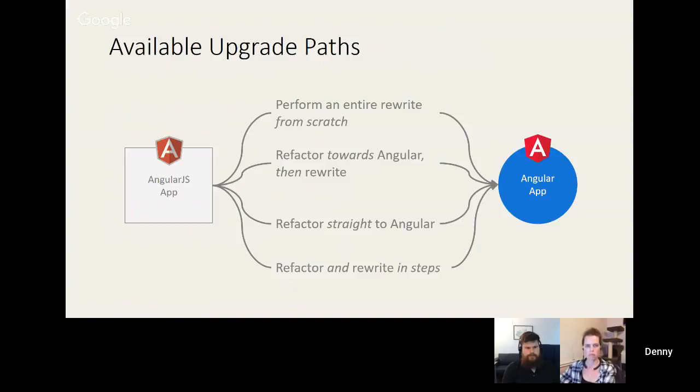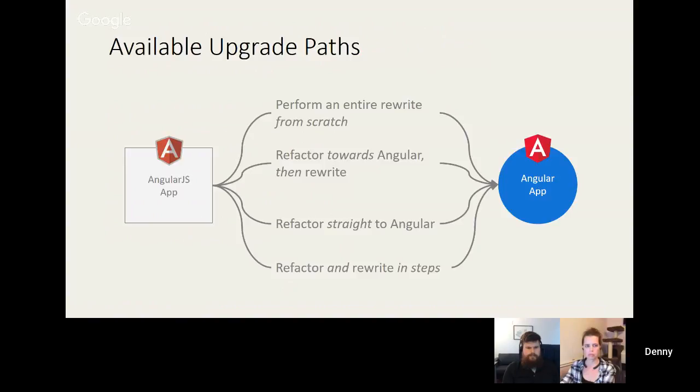Our second option was to refactor our code towards Angular and then rewrite. That would involve using some of the techniques we've discussed earlier in the series to transform the AngularJS code into a form where it uses some of the same concepts that are key to writing Angular apps, and then we would rewrite from scratch.